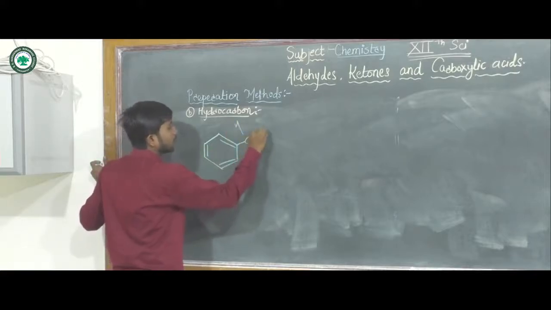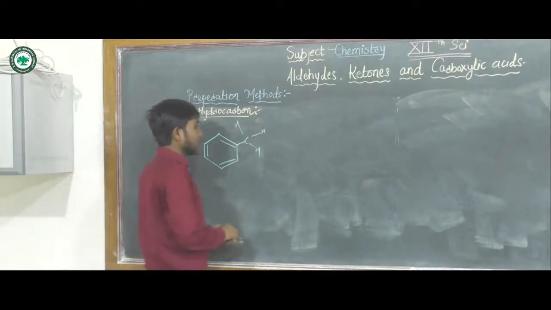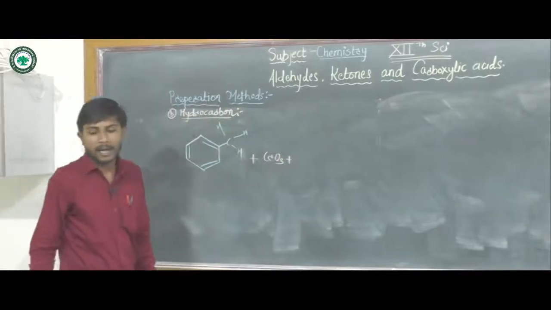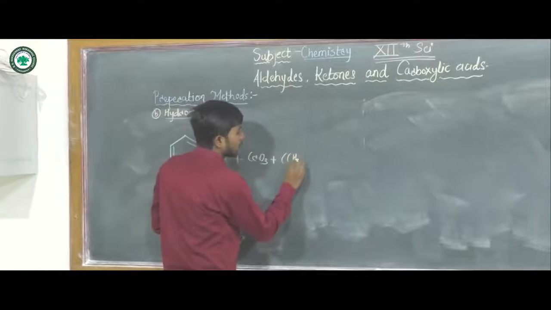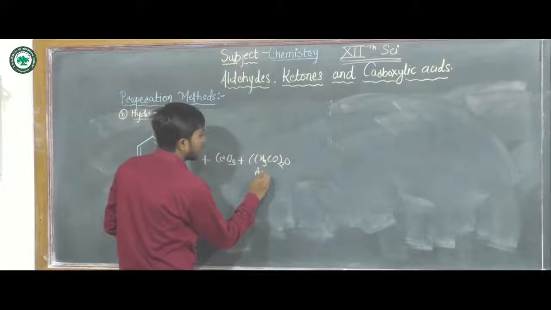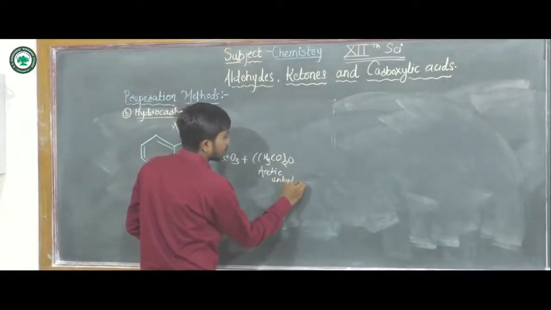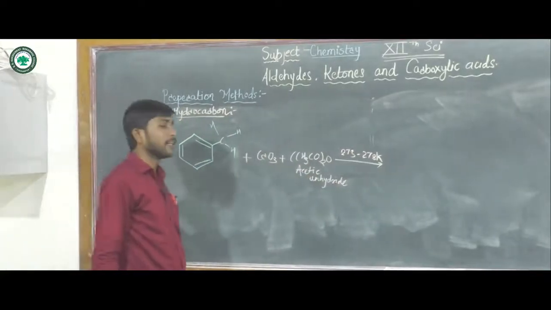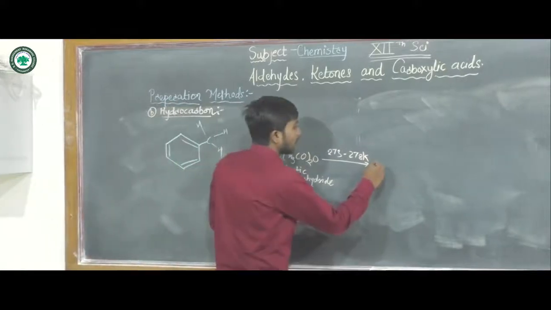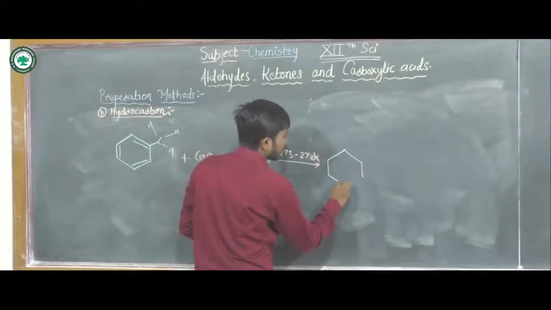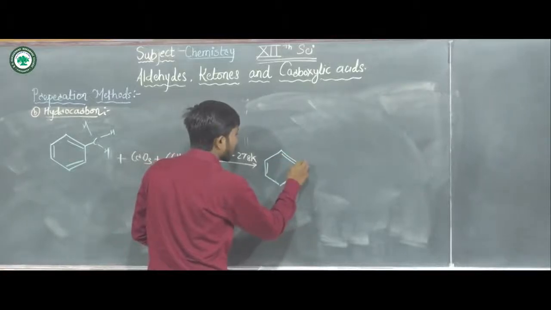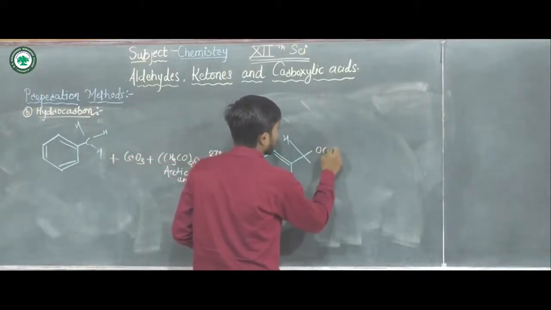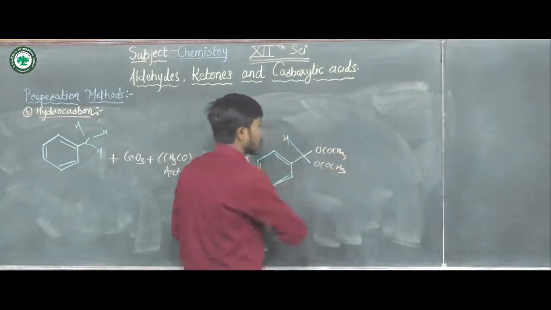This one is toluene. When it is oxidized by using chromium oxide and acetic anhydride, as we know, this is acetic anhydride, at 273 to 278 Kelvin temperature, the intermediate or acetate complex is formed, like this one.